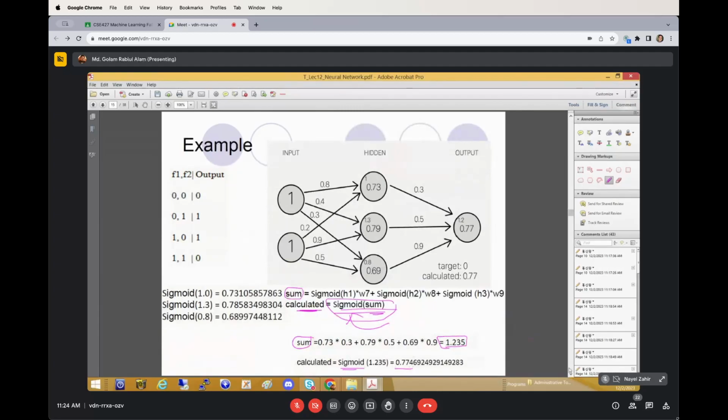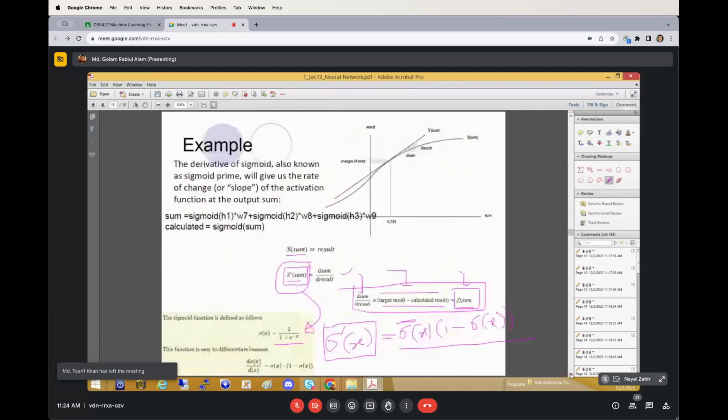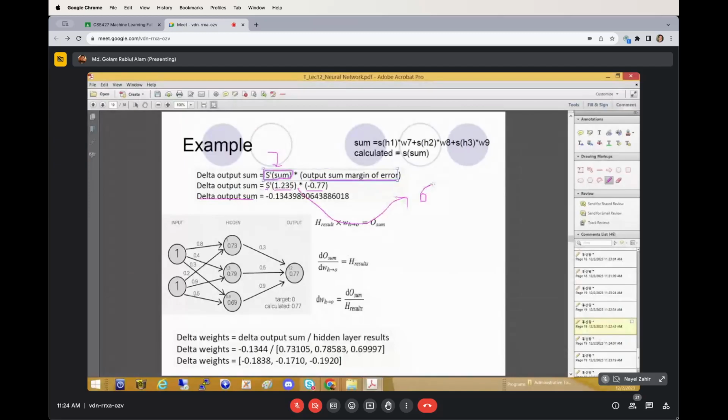So what we have to do here is find the derivative of the sigmoid of the sum. The sum we have already calculated, that is 1.235. Now if we want to calculate the derivative of the sigmoid of the sum, it will be the sigmoid of 1.235 times 1 minus sigmoid of 1.235.